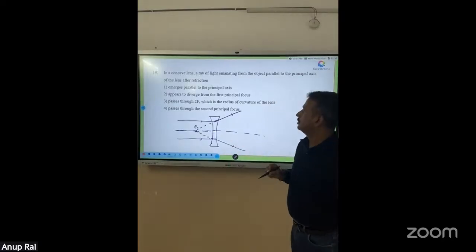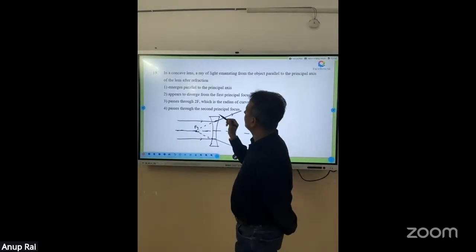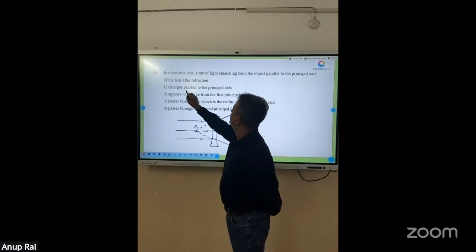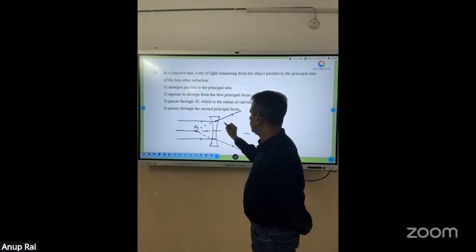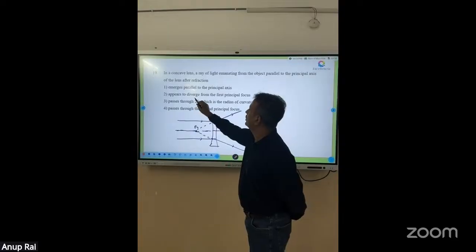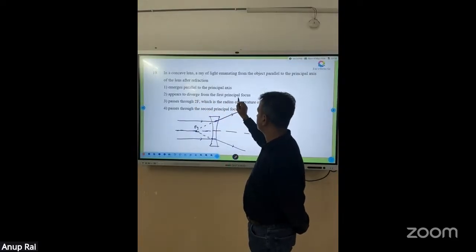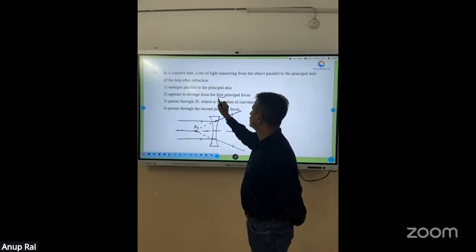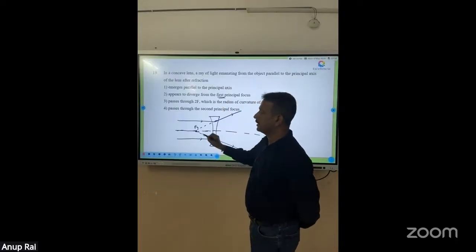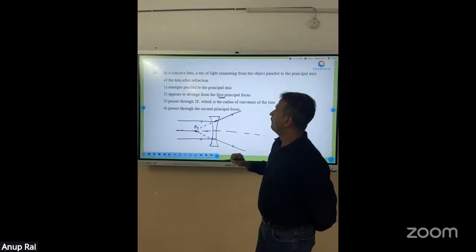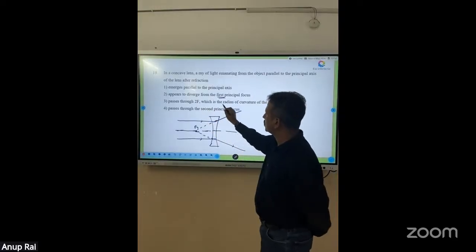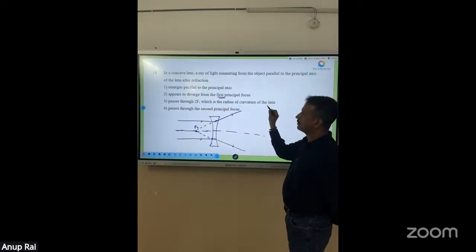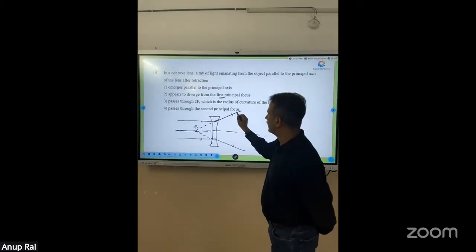So what are the options we can take? Emerges parallel to the principal axis? No, it is not emerging out parallel. Appears to diverge from the first principal focus. Ideally, it should be the second principal focus, not the first one, by the naming. Passes through 2F, which is the radius of curvature of the lens? No. Passes through the second principal focus?